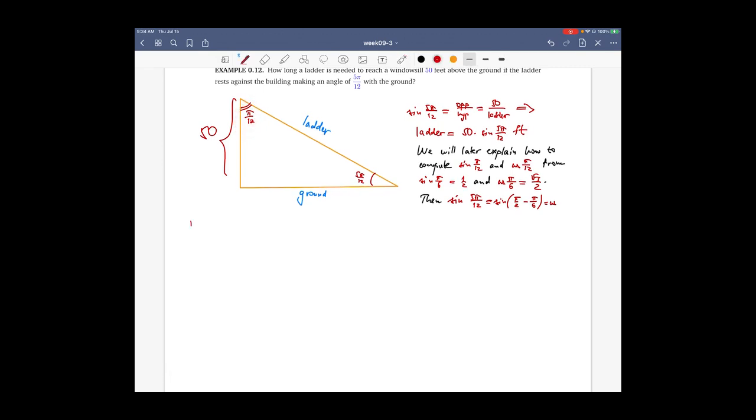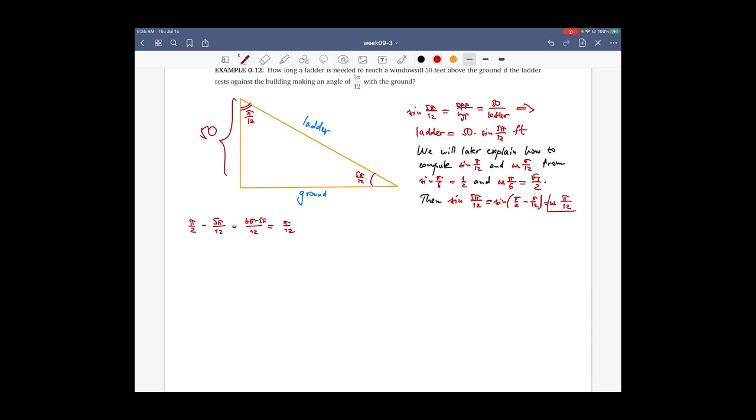So this angle is pi over 2 minus 5 pi over 12. Yes, I believe I'm correct. Pi over 12. So sine of 5 pi over 12 simply will be sine of pi over 2 minus pi over 12, and that is cosine of pi over 12.